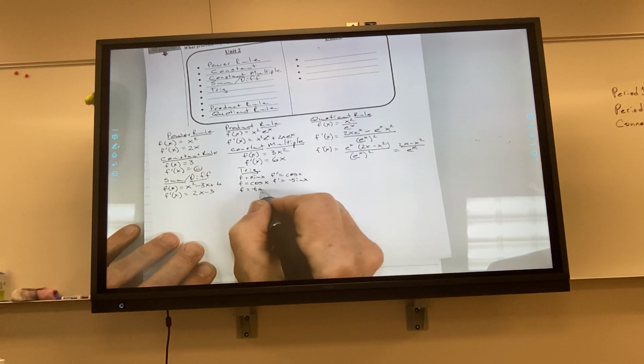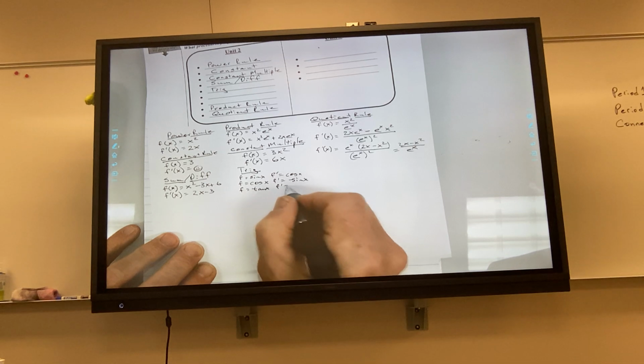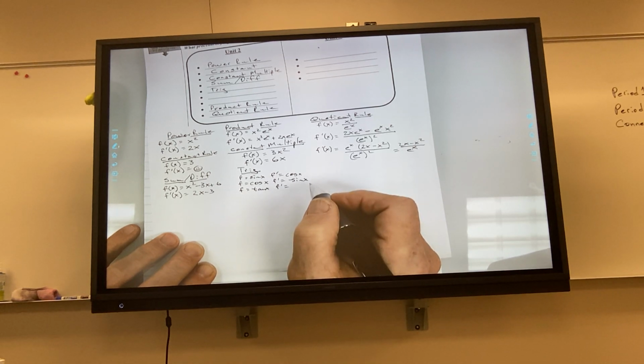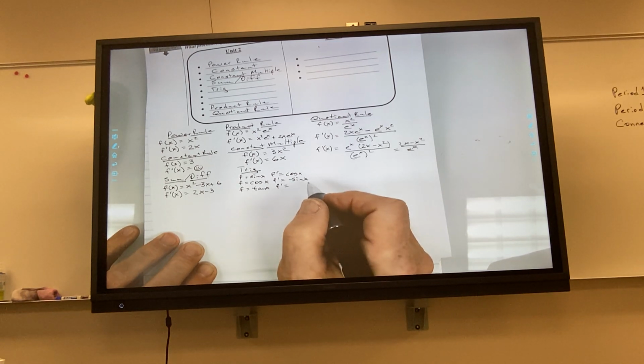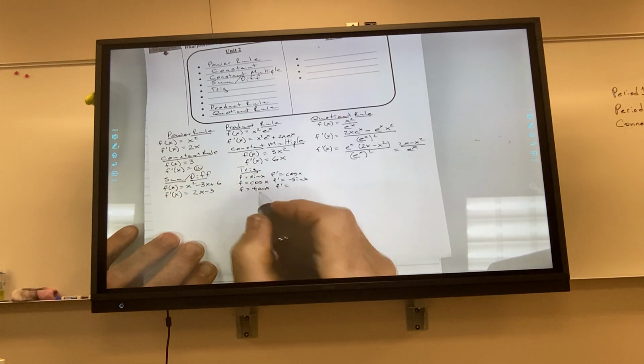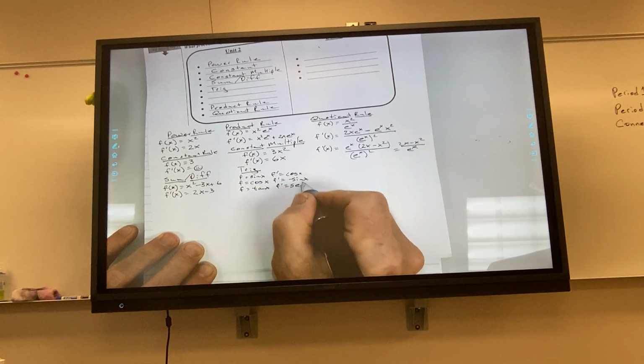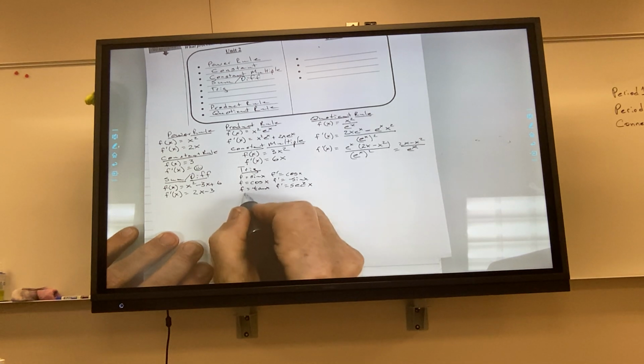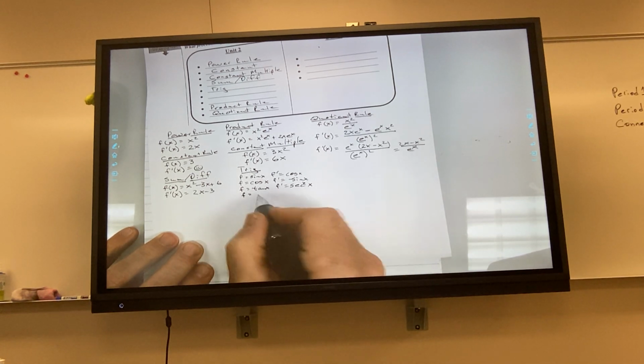F equals tangent. F prime would equal, okay, anybody have that? Secant squared, is that what you said? Okay. F equals secant.